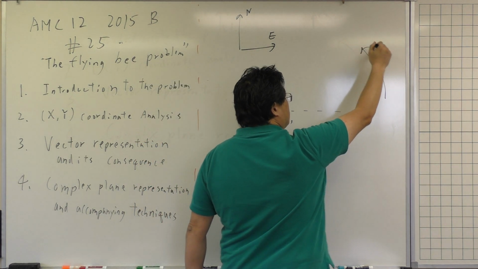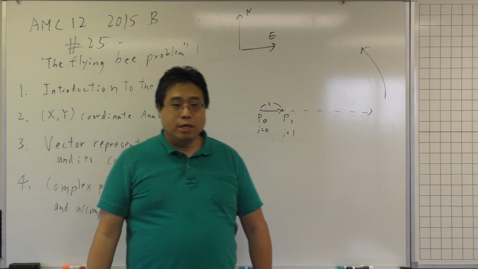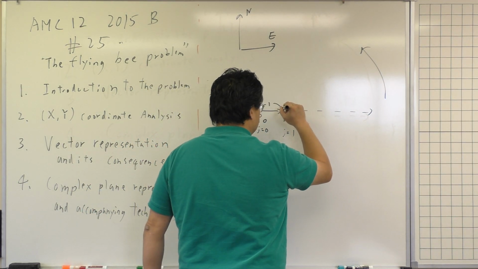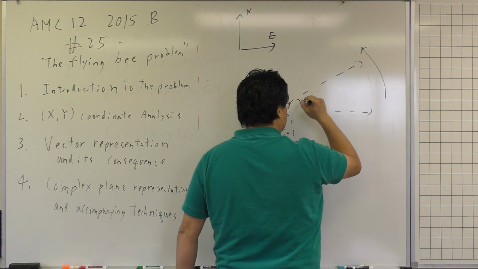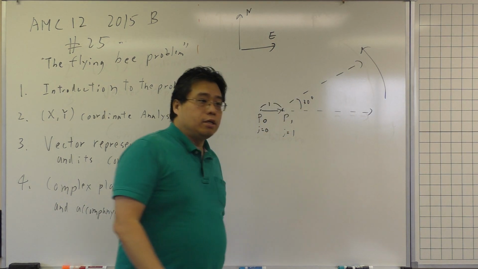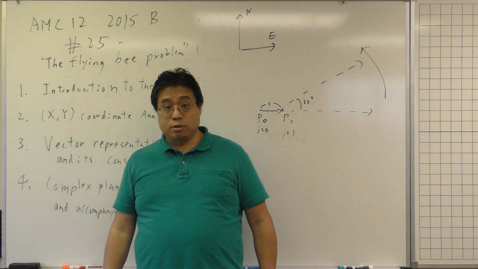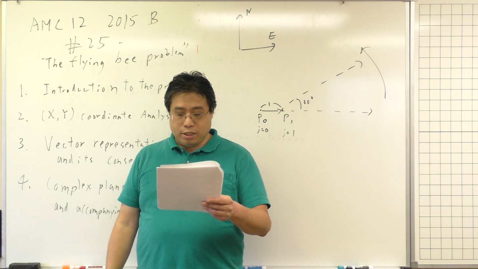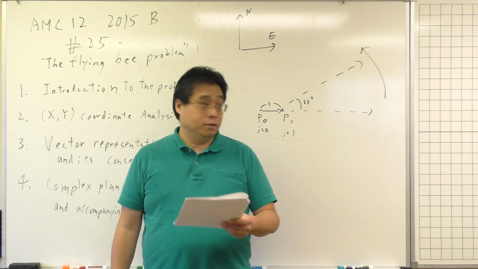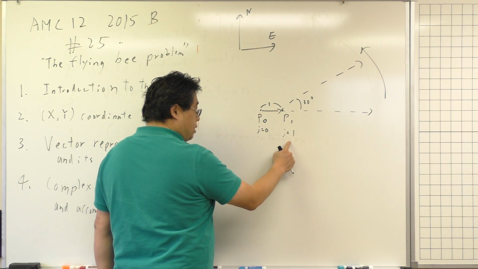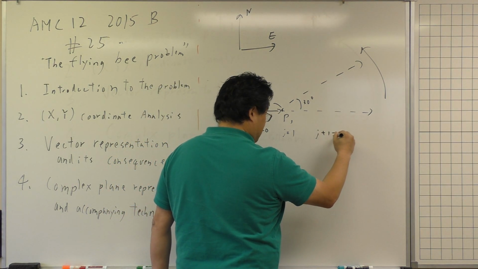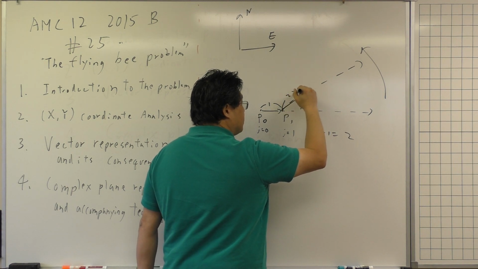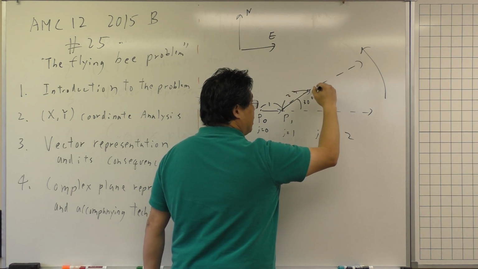Counterclockwise is here, so for our situation, it is north from where we were, and 30 degrees. So the new direction is 30 degrees north of east, and then she flies j plus 1 inches straight to point Pj plus 1. So we are at j equals 1, j plus 1 is of course 2. So we are flying 2 inches and have arrived at point P2.